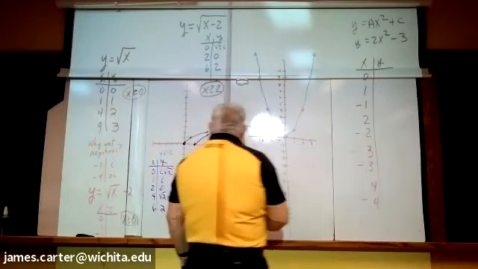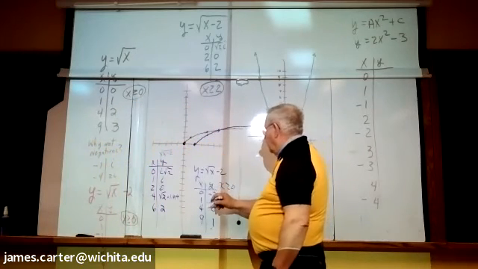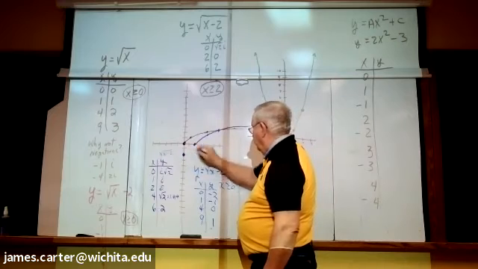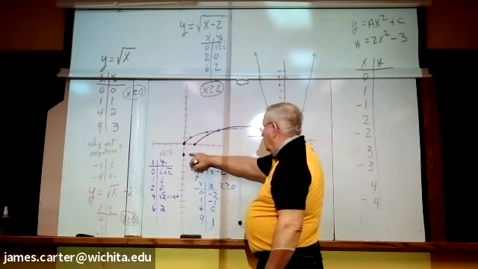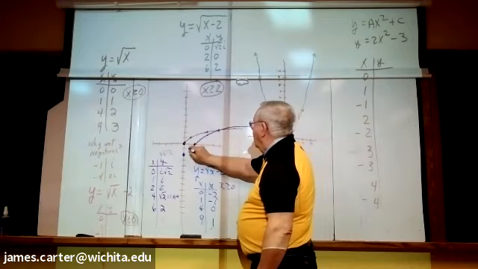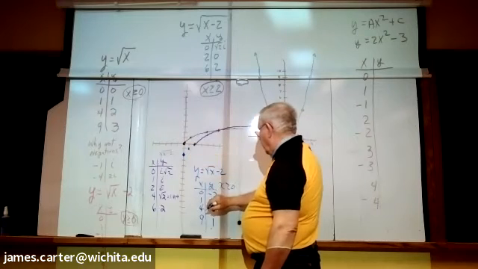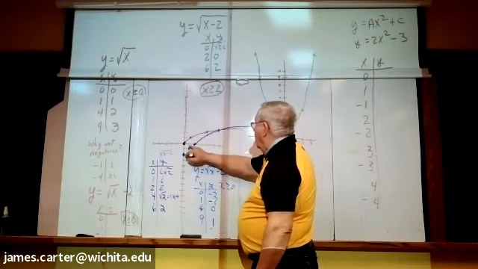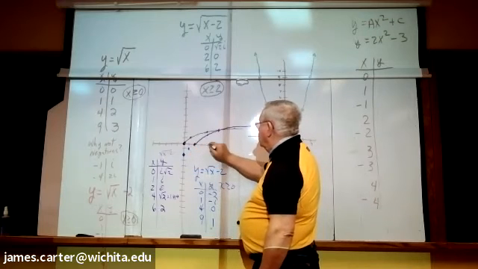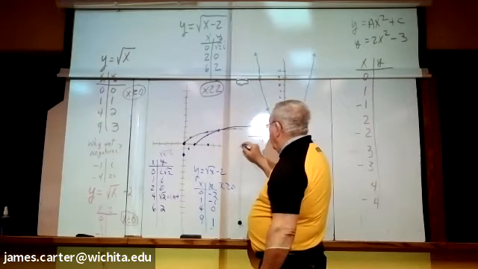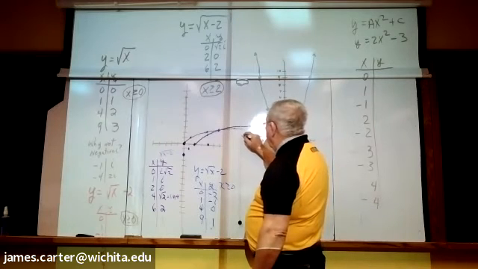And we can graph those points. So 0, -2, 1, -1, 4, 0, and 9, 1.